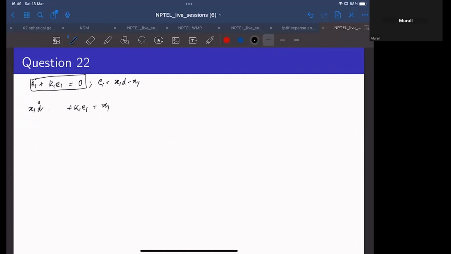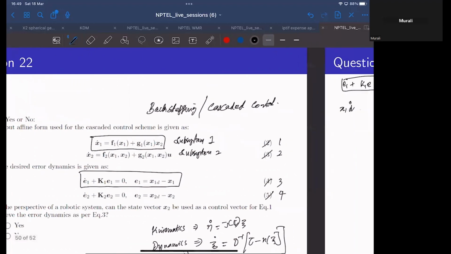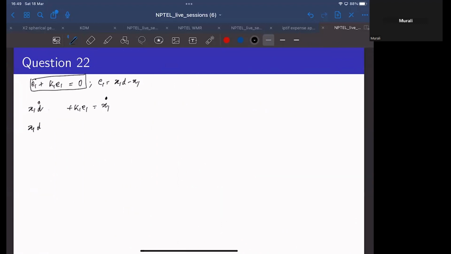Sorry, this is x1 dot actually. So from this equation, I'm substituting this x1 dot back onto the equation that we are currently focusing on. So x1 desired dot plus K1 E1 is, if I'm substituting x1 dot, that would be f1 of x1 plus g1 of x1 times x2.